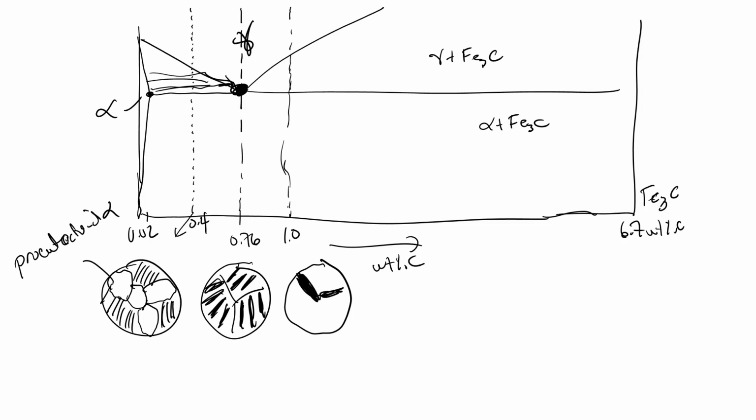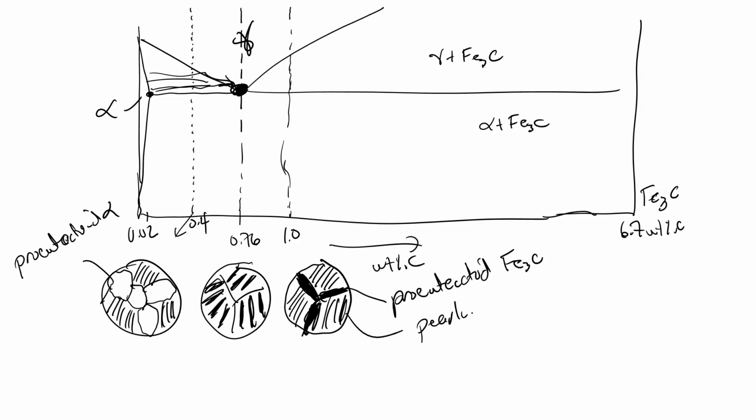I'm going to draw it along the grain boundaries, dark so you can see. I'm going to call this pro-eutectoid Fe3C, and then the rest is going to be the mixture once I cool down. Remember, the mixture is called perlite.